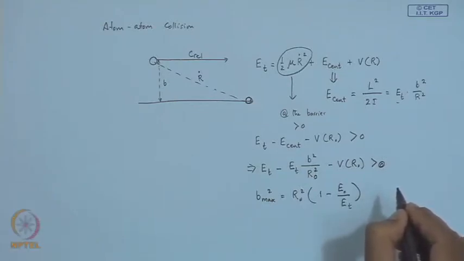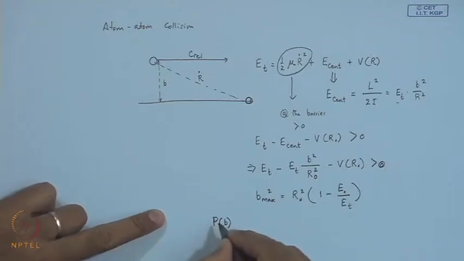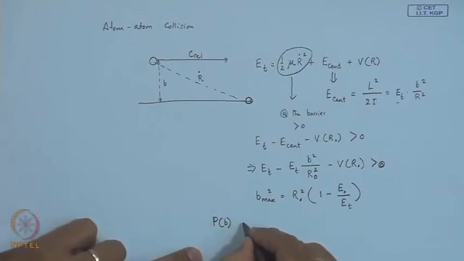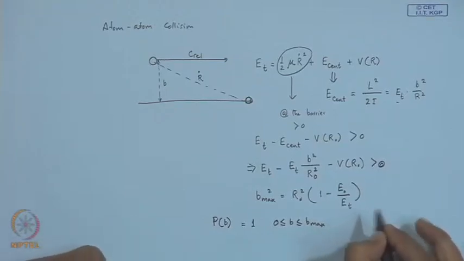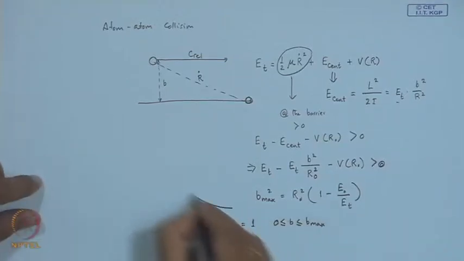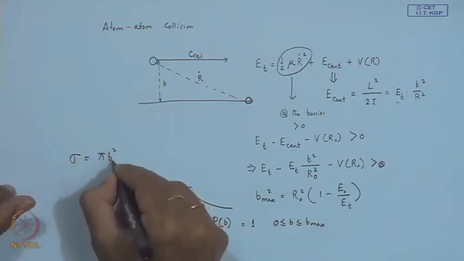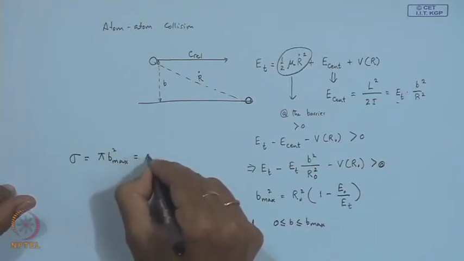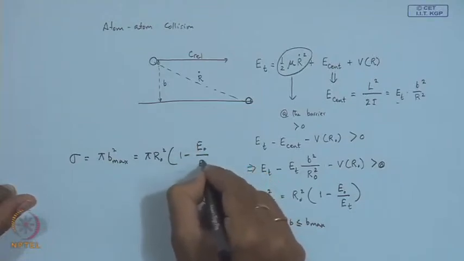Now, if we assume that P(b), the opacity function, is equal to 1 when 0 is less than or equal to B is less than or equal to B max, this is our consideration. Then the cross section for the reaction sigma is equal to pi B max square, which is equal to pi R0 square into 1 minus E0 by E t.